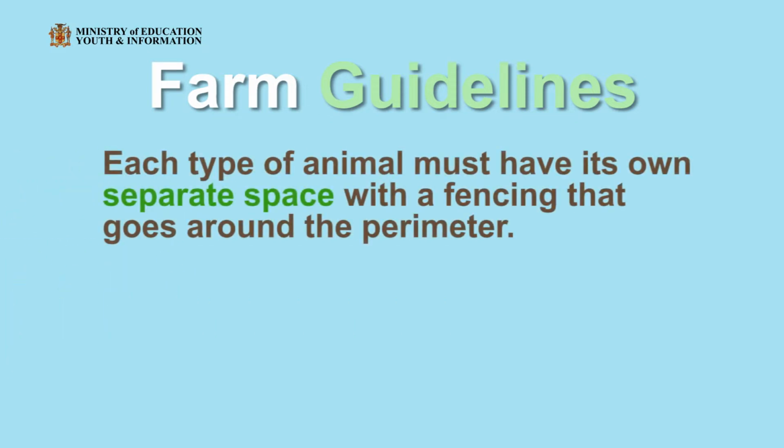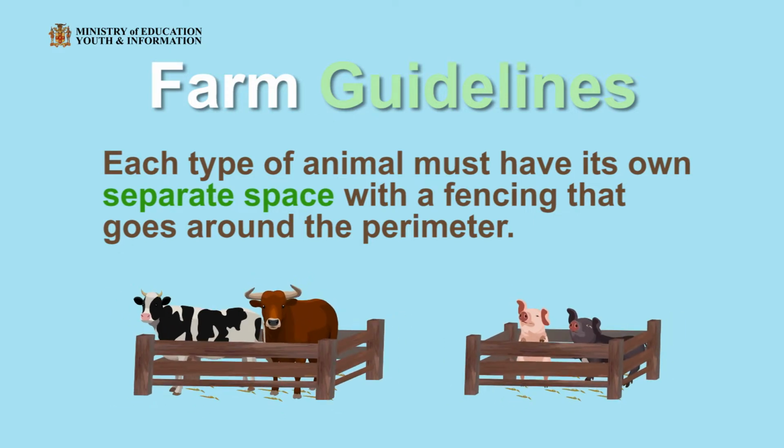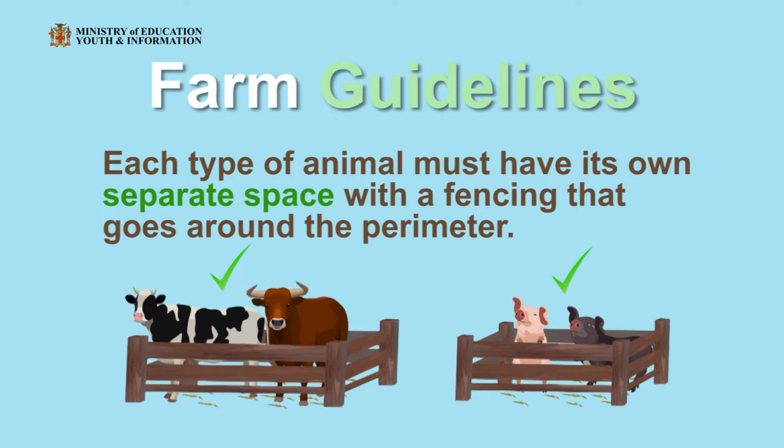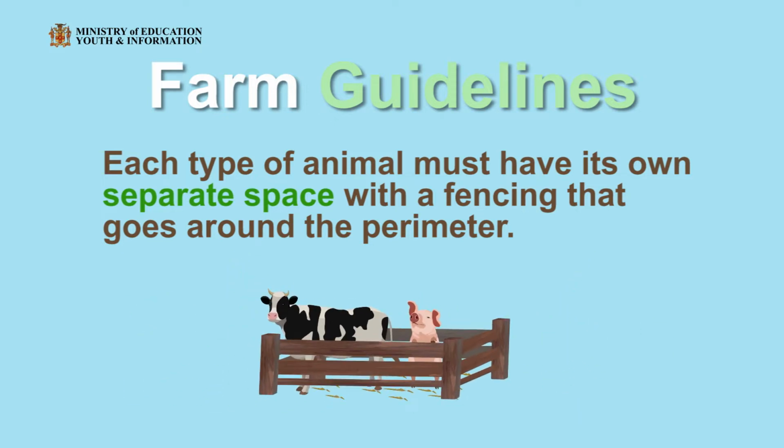Each type of animal must have its own separate space with a fencing that goes around the perimeter. Animals that are the same can share the same space. For example, cows can stay with cows and pigs can stay with pigs, like this. But cows cannot stay with pigs, like this.